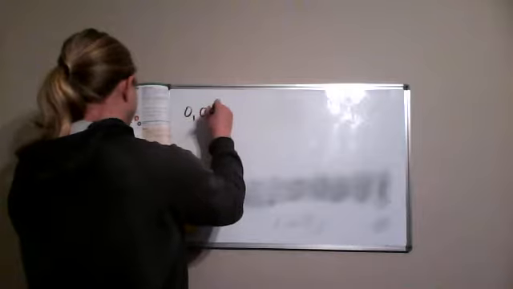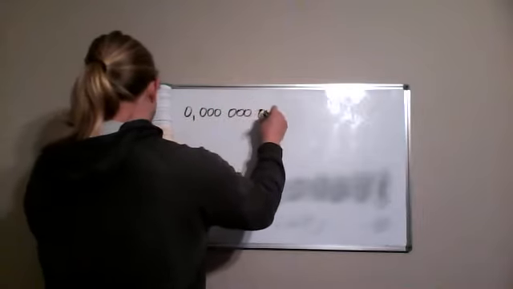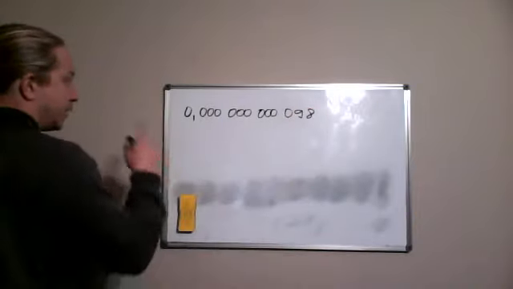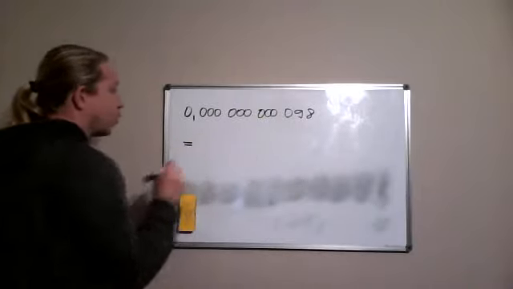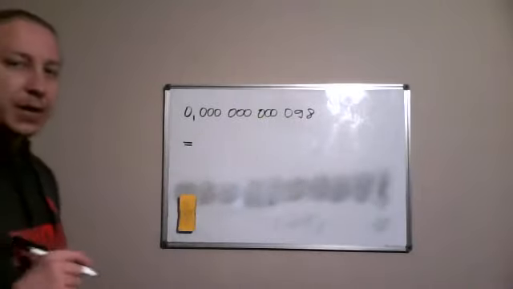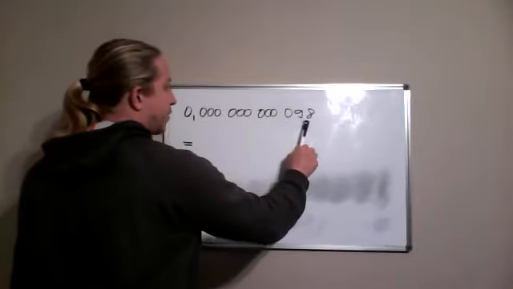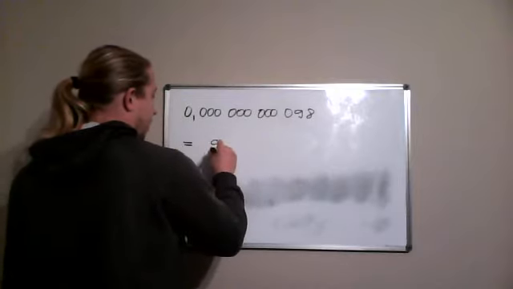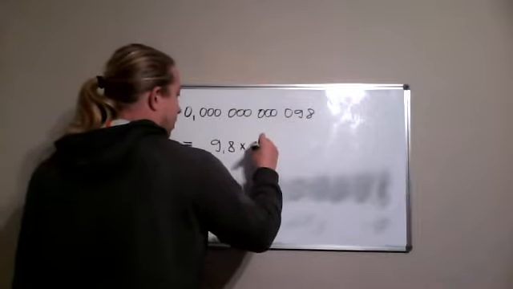So we have 0.0000000000098. This is a really tiny number. Remember, the significant part always has one digit, comma, something. So here we have 98, so we want to have 9.8. So this will be 9.8 times 10 to what?